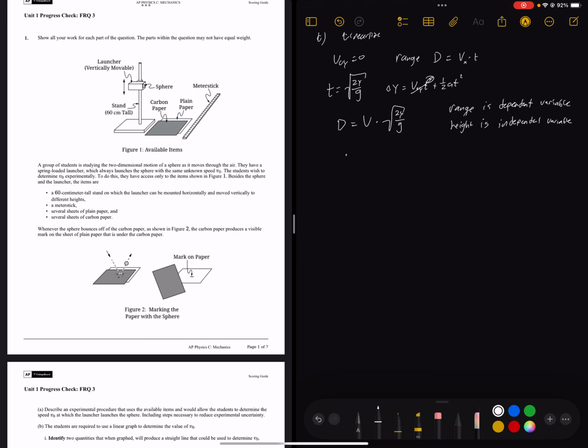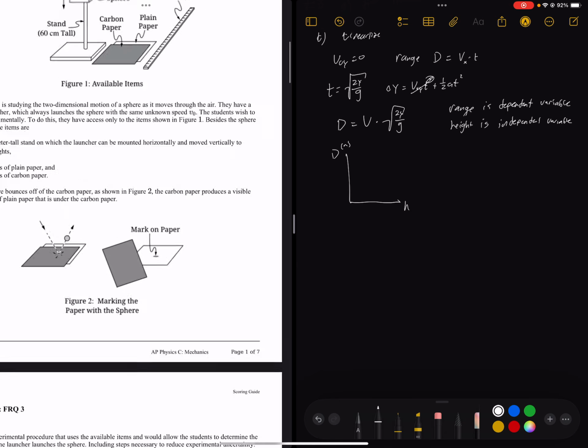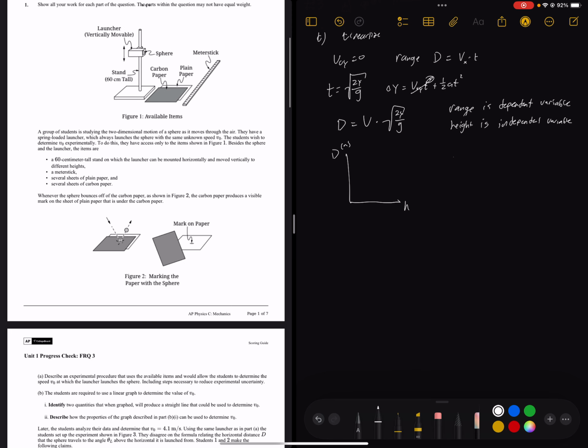So if I plot d in meters against my height, and title your graphs, range versus height, I'll label the height as h. So h is the height of the launcher. From our equations, that's going to be the y.